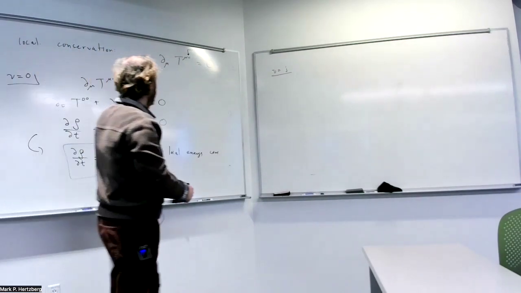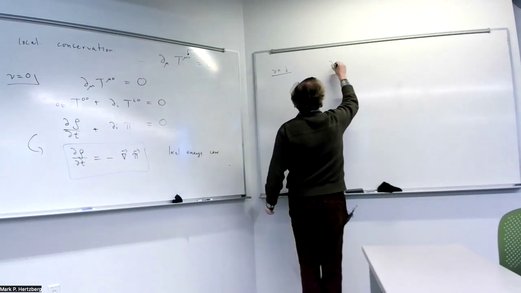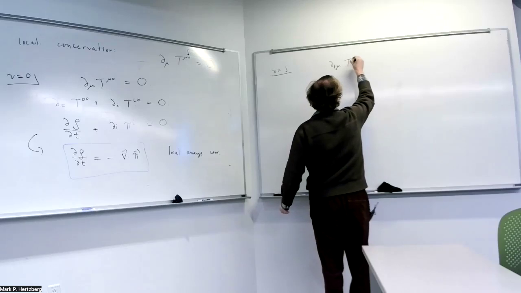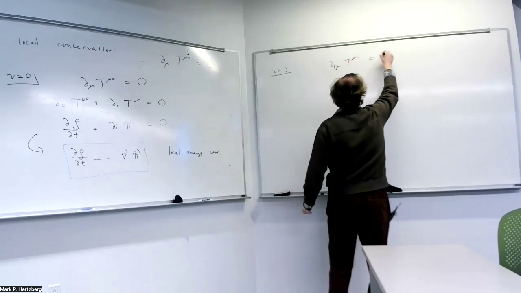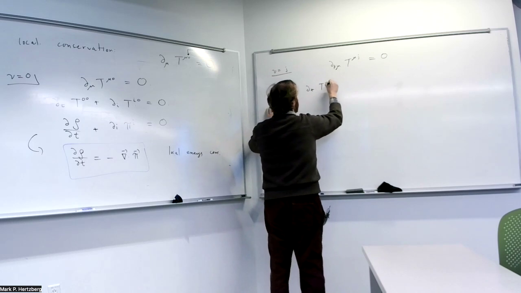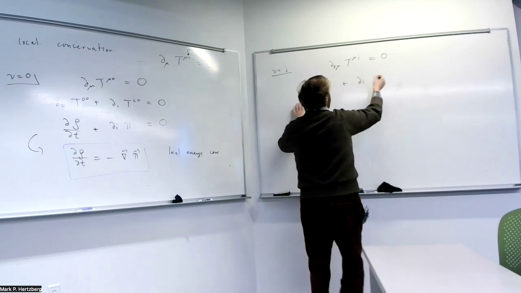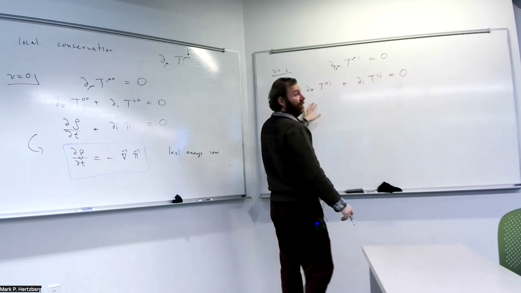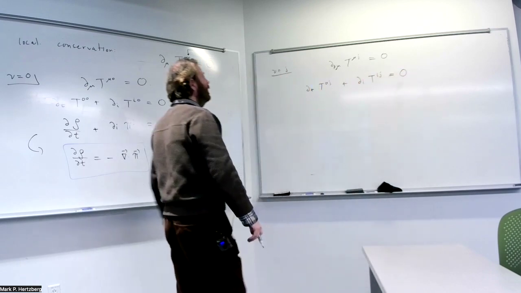So I get dt, well, let's write it out. d mu T mu j equals 0. So this is dt T0j plus di Tij. I carefully separate out my i's and j's.